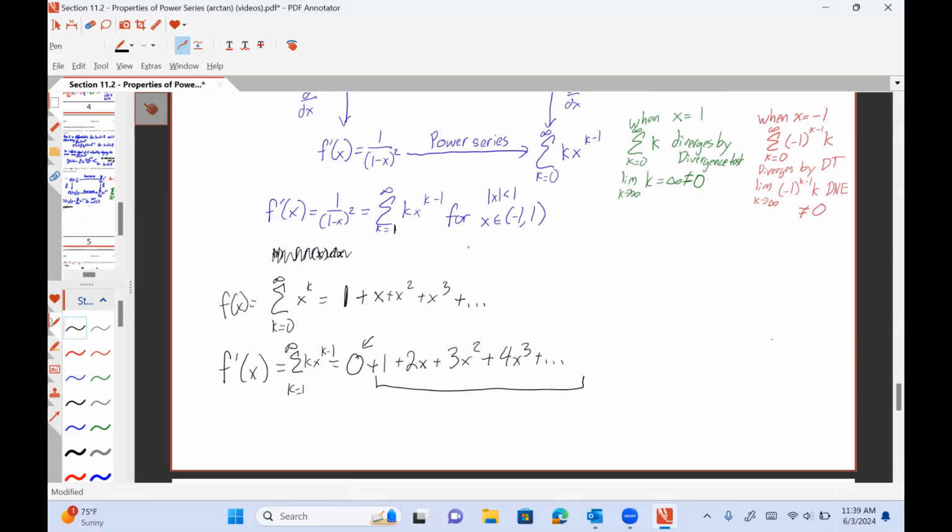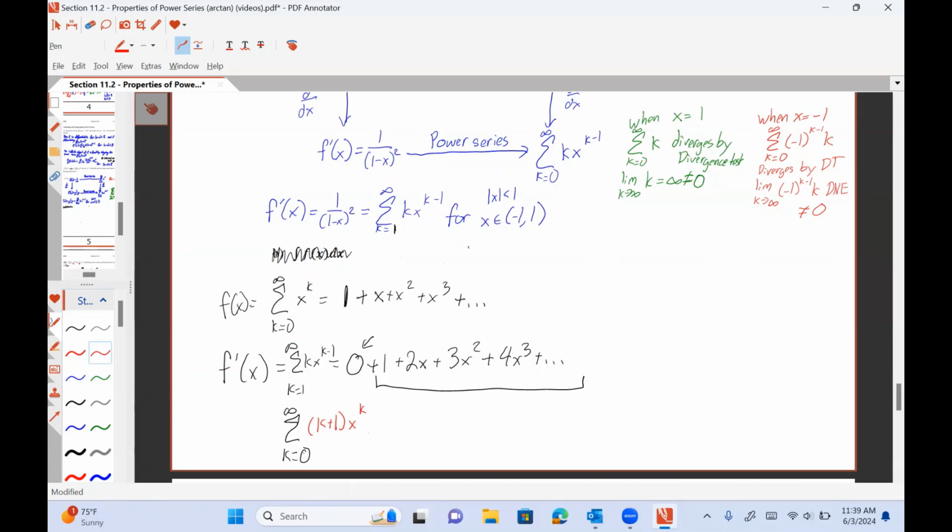If we want to still start our lower bound at 0, we can also do that by what is essentially a u sub. If I want this first term, k, to be 1, even though I'm starting at k equals 0, I can say this is k plus 1, x to the k, by adding 1 to everything inside my series because I have removed 1 from my lower bound.